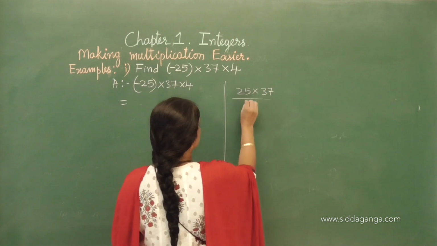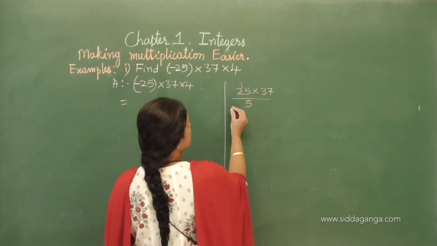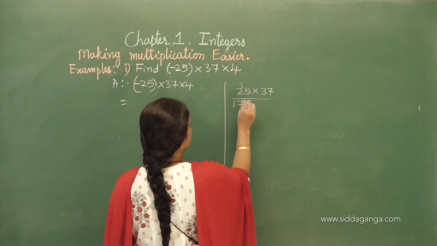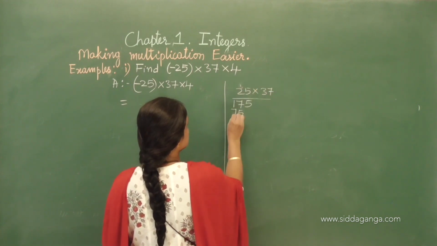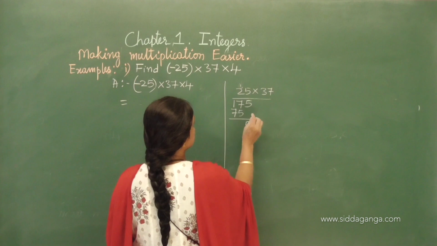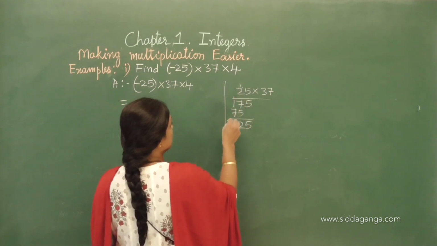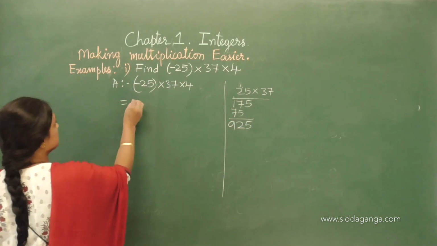Okay, 7 5s are 35, keep 3. 7 2s are 14 plus 3 is 17. 3 5s are 15, keep 1. Okay, 3 2s are 6 plus 1 is 7. Then what is 5 plus 12, keep 1, carry 1. Then it is 9.